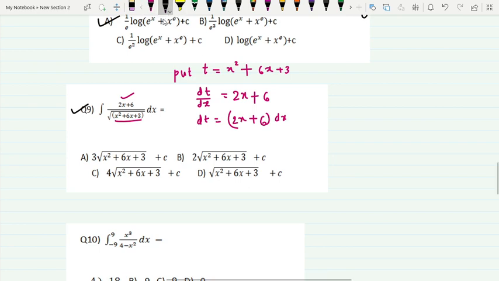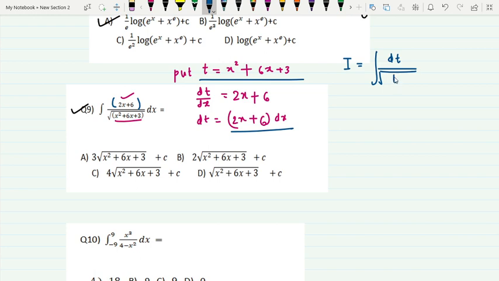So our integral I is equal to what? See, our integral I has here 2x plus 6 into dx, which is equal to dt, and root of x square plus 6x plus 3 is our t, it is root of t.